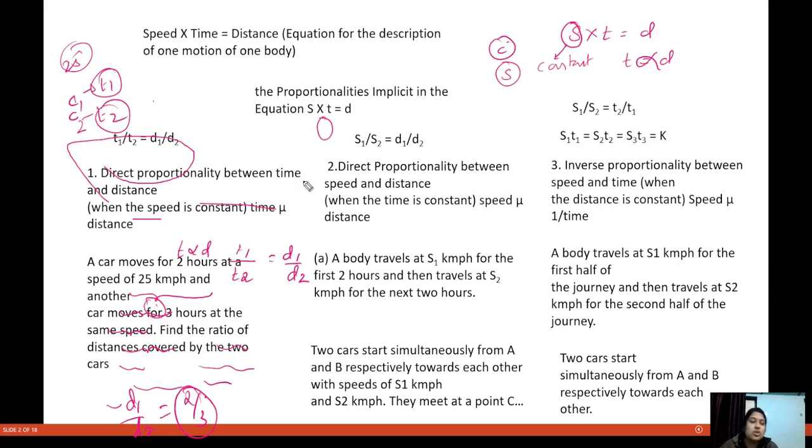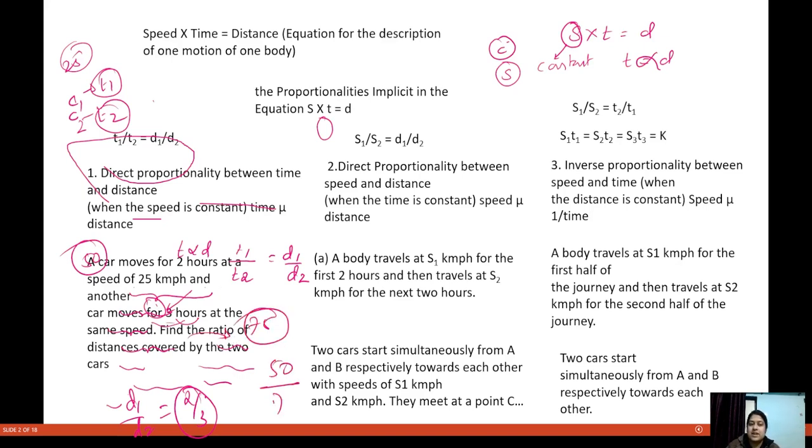Okay, and now if you know the distance traveled by any one of the cars, for example, obviously you know that this car is moving for 2 hours at 25 kilometer speed. So this one is traveling 50 kilometer, and for 3 hours then this one is traveling 75 kilometer.